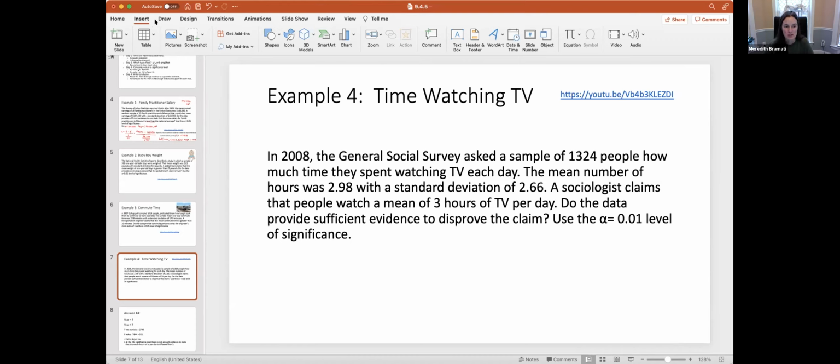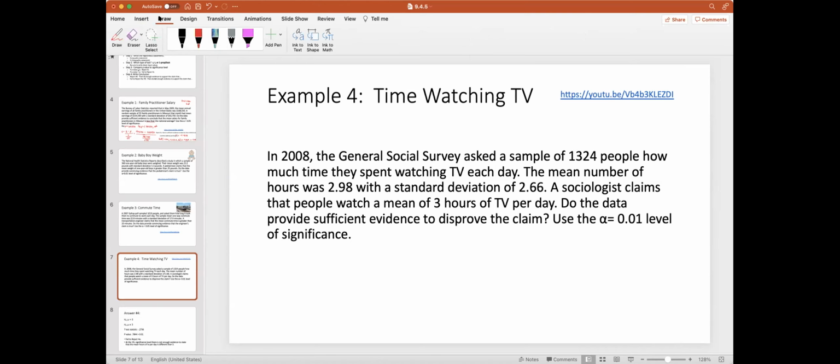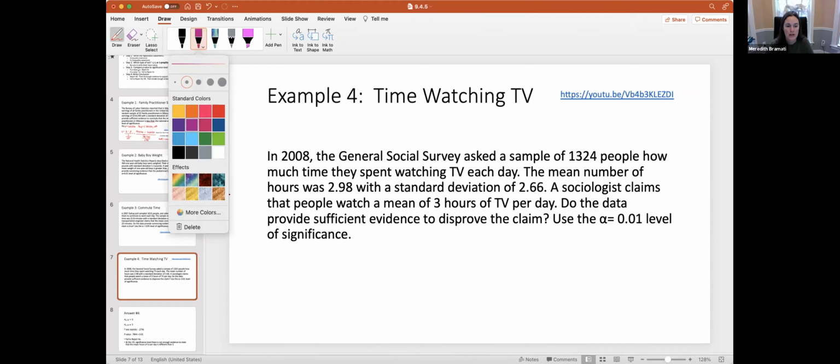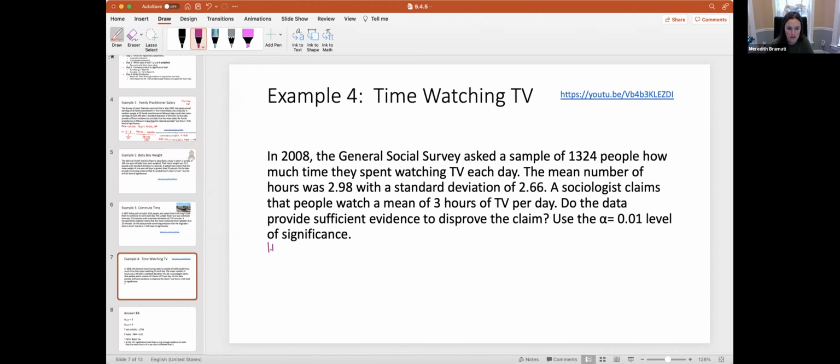Do we see population standard deviation anywhere in here? No, we don't. So we have to do a t-test for this, okay? If we had it, we would have been able to do it otherwise. So our H0 is mu. Our HA is again mu, because we're dealing with mean.